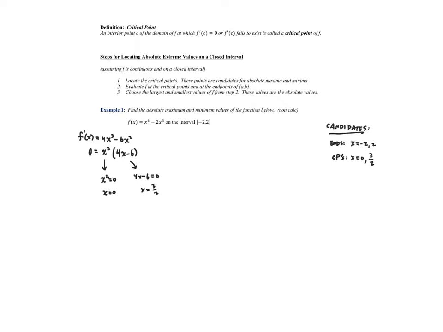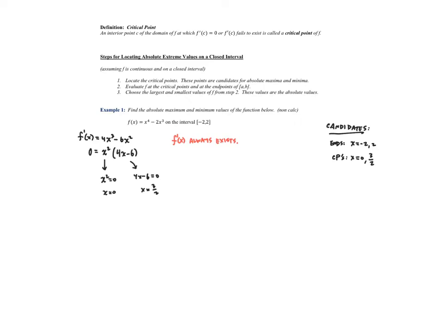Now in this case, the derivative never fails to exist. That sounds counterintuitive, but f prime of x always exists. Why? Because it's a polynomial. Therefore, we don't have to worry about finding the critical values where f prime does not exist.